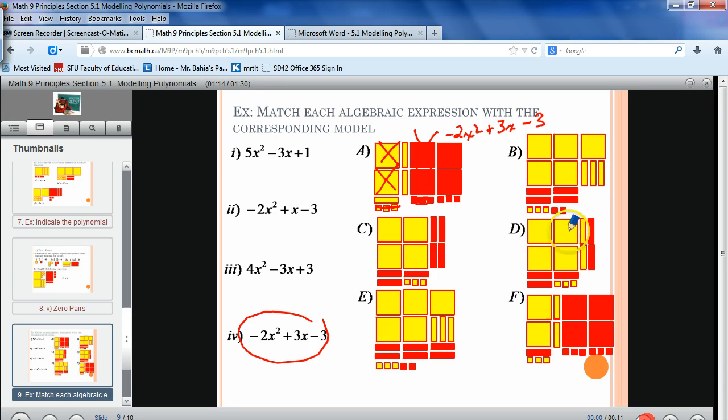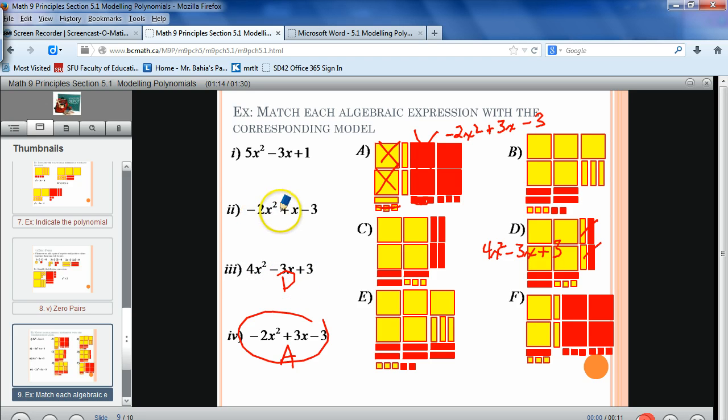Could it be this one? 1, 2, 3, 4x squareds. So it could be. That's a 4x squared. And then these two are going to cancel each other out. And you're left with 3 negative x's. And you're left with positive 3. So that is that. So again, this one is A. This one here is going to be D.